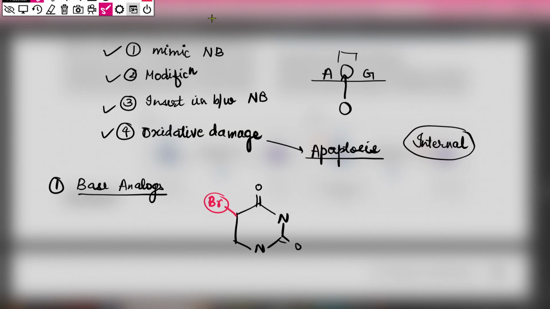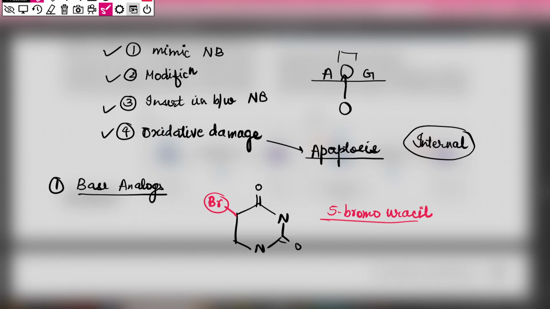This compound so formed is known as 5-bromouracil, and it can insert itself into the normal DNA sequence, and it can also cause mutations.